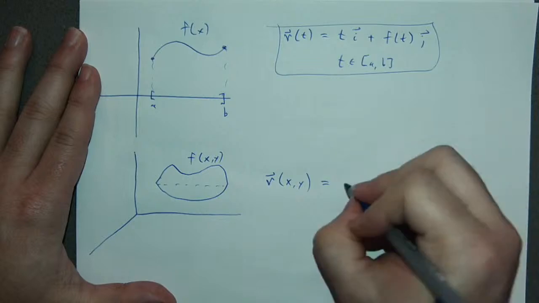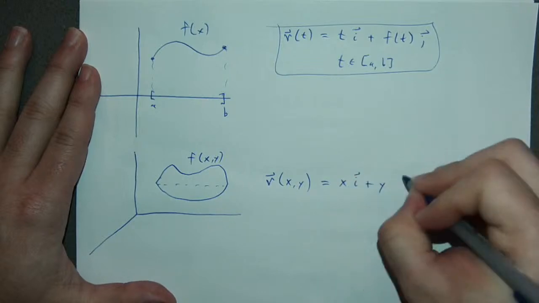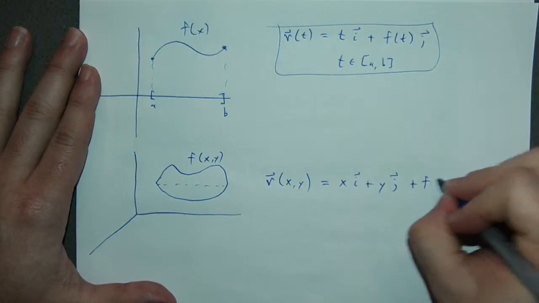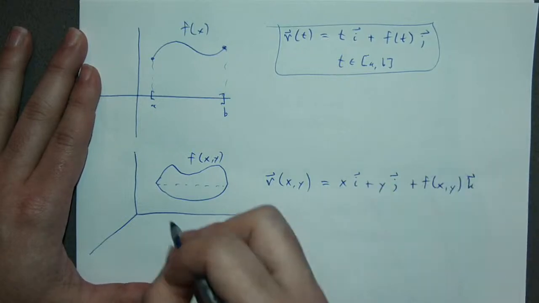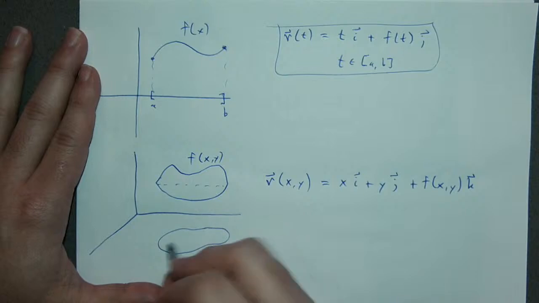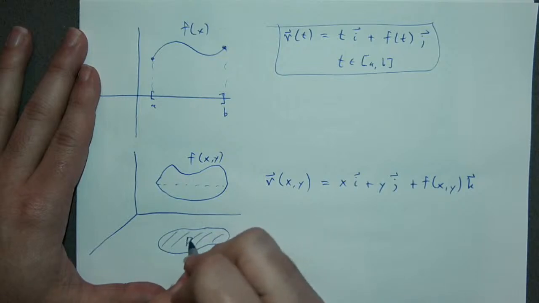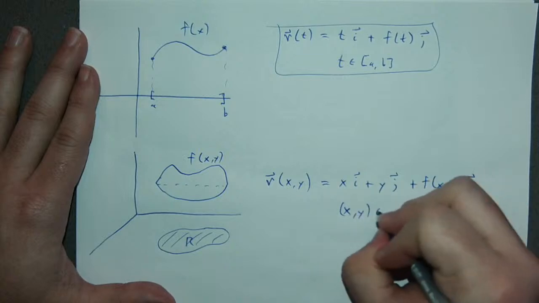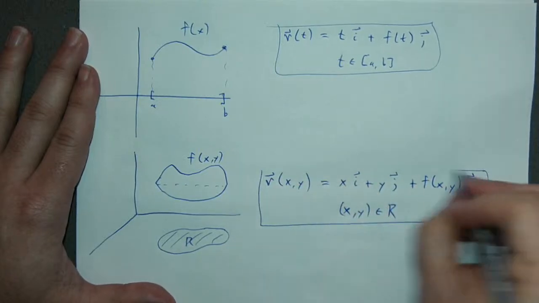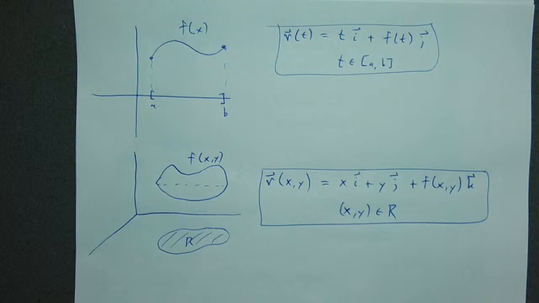R of x, y is x i plus y j plus f of x, y k, where x, y is in R. Aha! So this is the rationale behind using R here, because sometimes when you're lucky, the surface that you're parameterizing is actually the graph of a function of two variables.